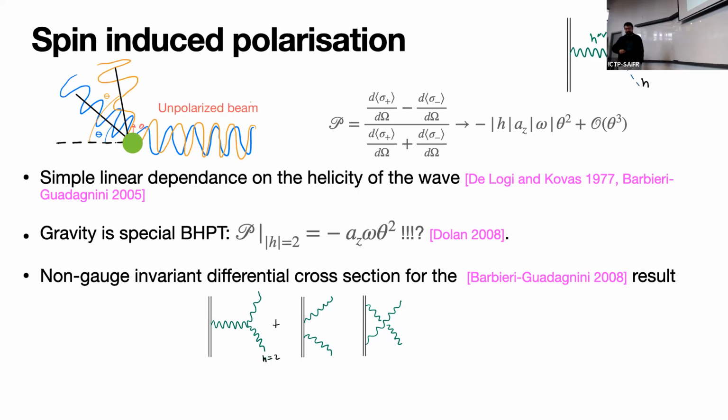I don't understand what you mean by checking that the amplitude is correct. It's just the amplitude that comes up from doing the computation. You can write an effective Hamiltonian and derive an answer. The way in which we wrote our answer was directly by writing an amplitude, but you can write an answer for a Hamiltonian and then write an amplitude and compare that to the black hole perturbation theory solution.